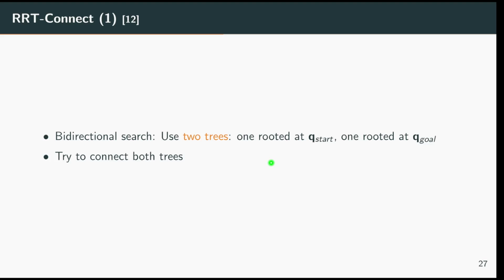The key idea is to bring bidirectional search to the domain of sampling-based planners and to RRTs. So the key insight is that instead of having one tree, we use two trees. One is rooted at the start, one is rooted at the goal. And then at every step, we also try to connect these two trees.